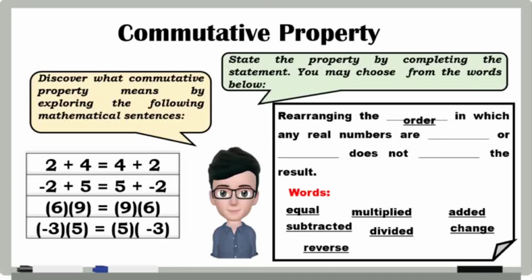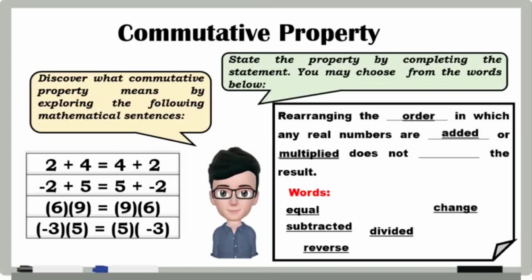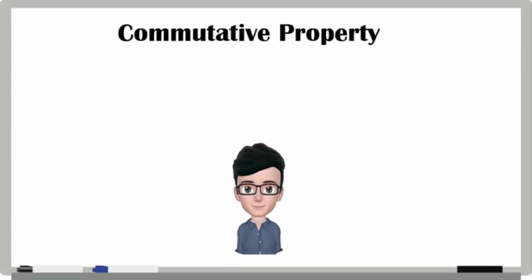Rearranging the order in which any real numbers are added or multiplied does not change the result. Okay, that is good. So kung mapansin nyo, in our examples, ang two operation ay addition and multiplication. And the addends or the factors interchange and the result does not change.